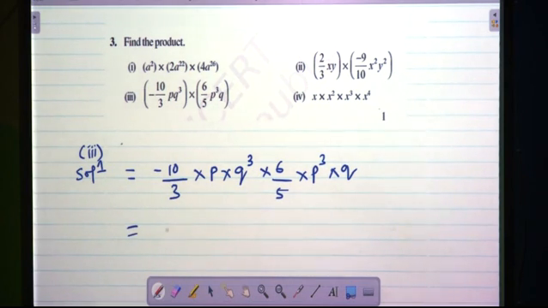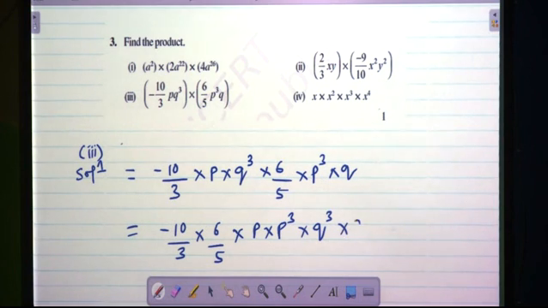The next step: minus 10 upon 3 multiplied by 6 upon 5 multiplied by p into p cube into q cube into q.